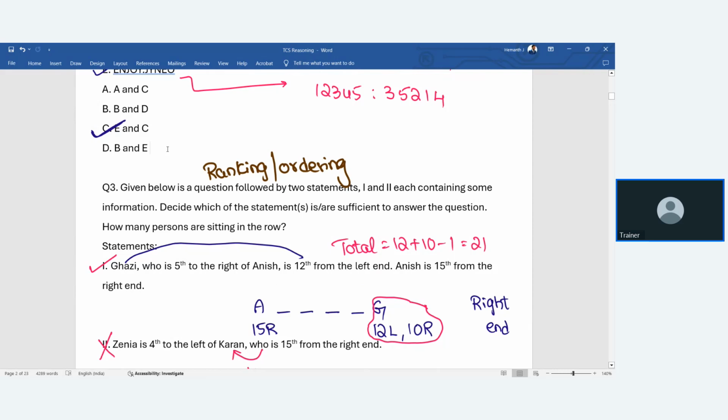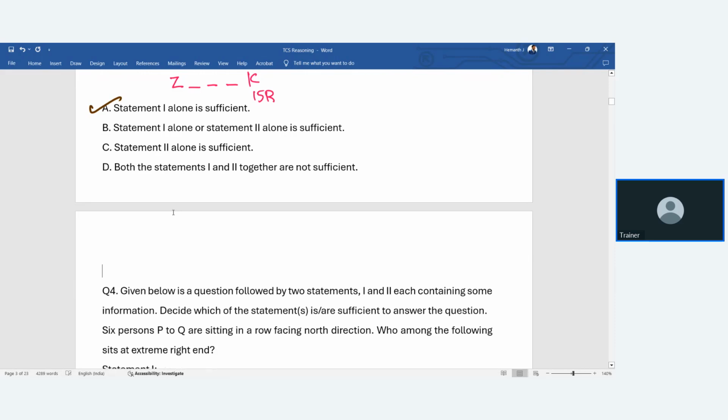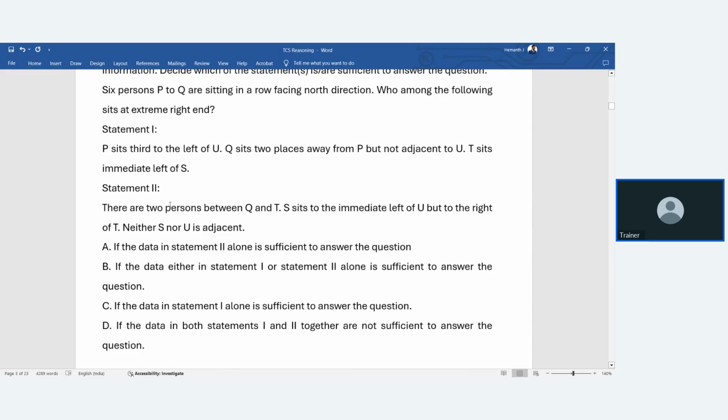Next one. Again, data sufficiency. Six persons P to U, P, Q, R, S, T, U, are sitting in a row facing north direction.